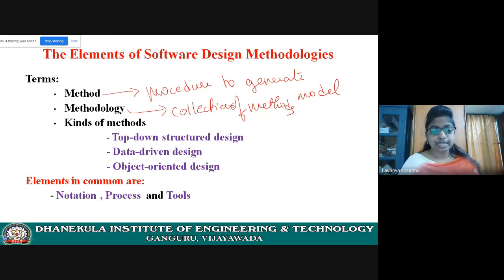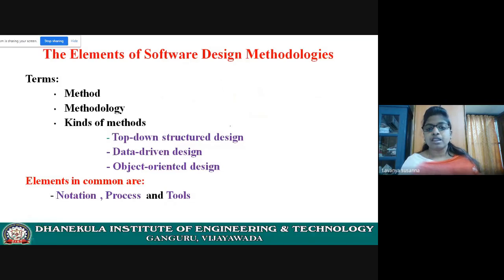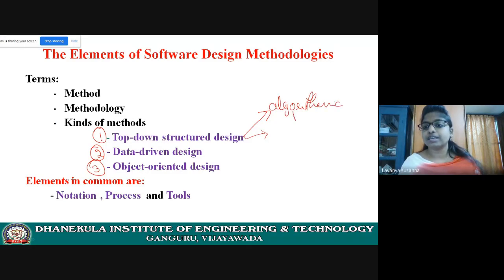Next, coming to methods, there are 3 different kinds of methods which address the complexity of the software system. The first method is top-down structured design. Here, this uses algorithmic decomposition.